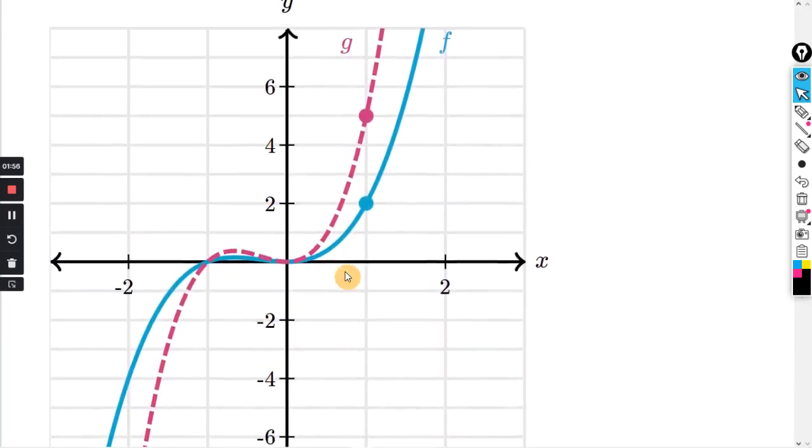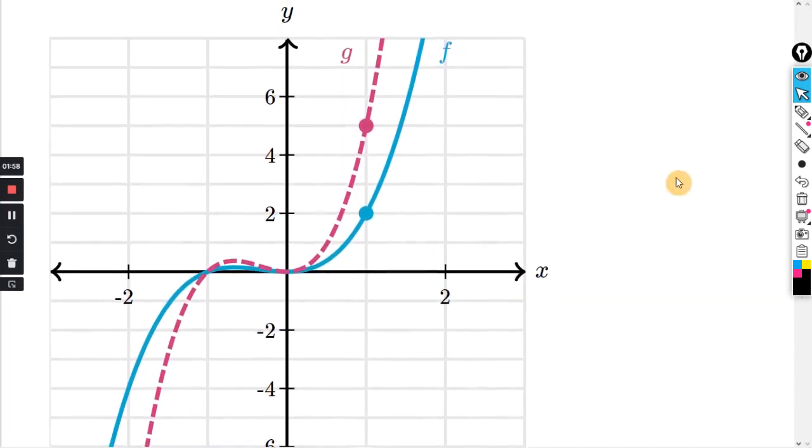Let's look at the graph first. It's really not too difficult because they lay out the points for you. If you look at the original function in blue, they give you one of the points right here. This is x equals 1, but the x value doesn't matter. It's just that these points are at the same x value.